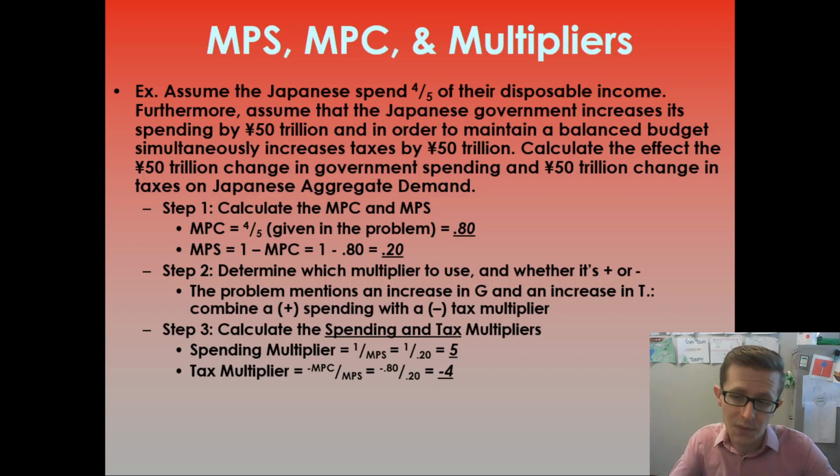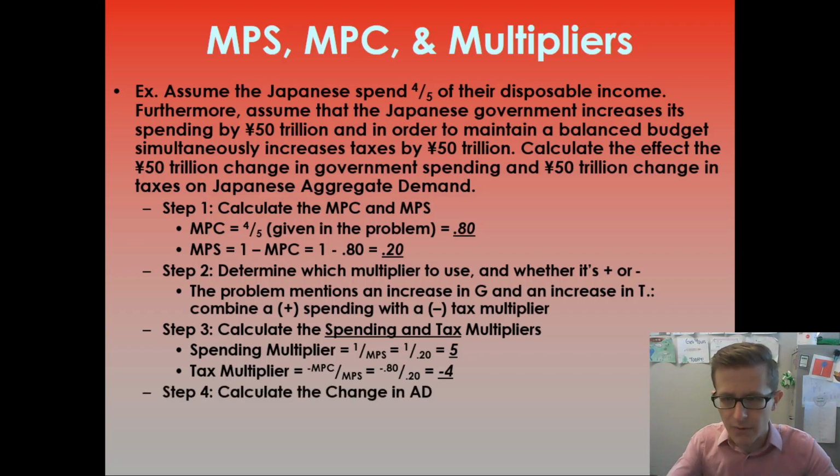Because the spending multiplier has a larger impact than the tax multiplier, what's going to happen is when we calculate this, it's not just going to be a no-sum game. So we take our 5, we multiply it by that 50 trillion, giving us 250 trillion. And then we take our 50 trillion and we multiply it by our -4 from the taxes.